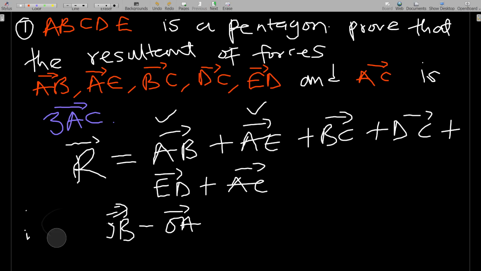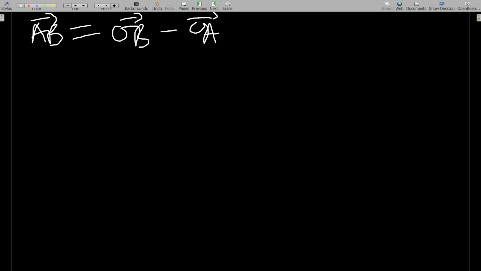Let's go to the next page and try to write the position vectors of all of these given vectors. When you have vector AB, in terms of position vector, AB is given as OB minus OA. So always the last one minus the first one.